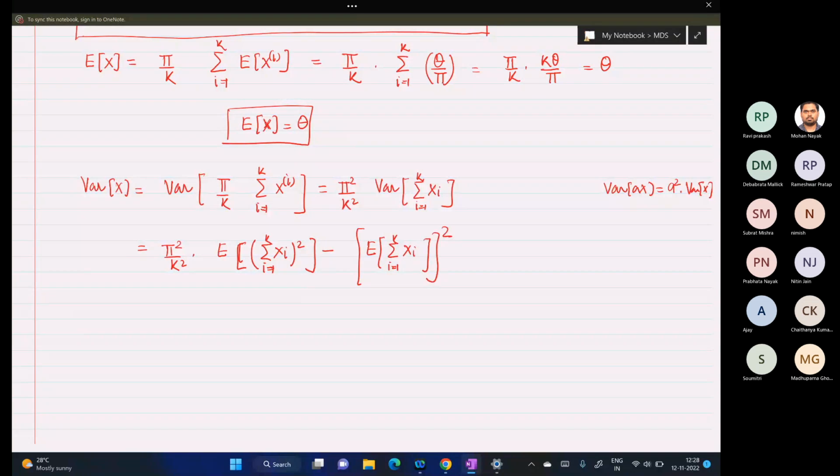This term we have already calculated. And this pi square upon k square is theta by pi square.